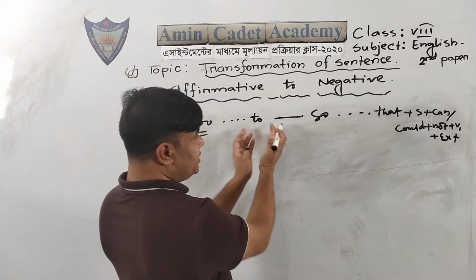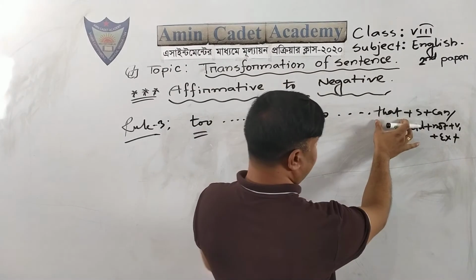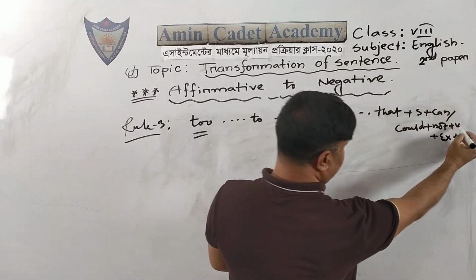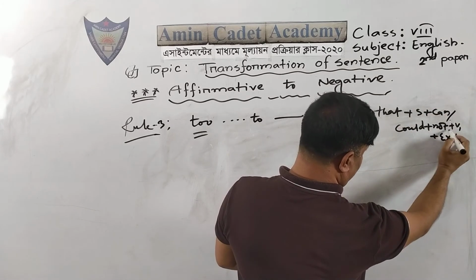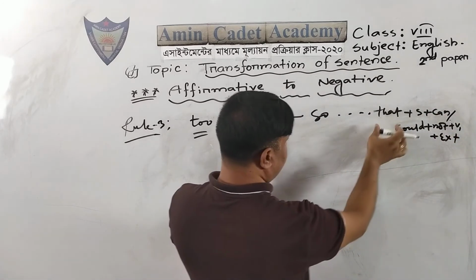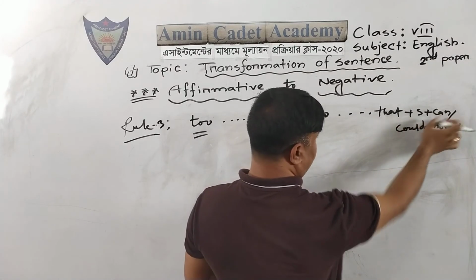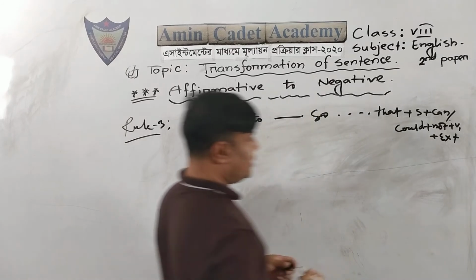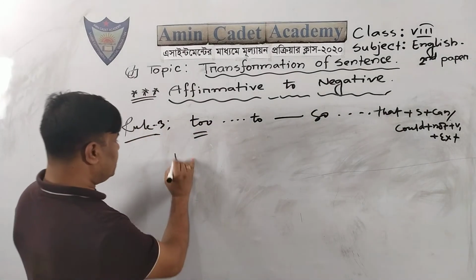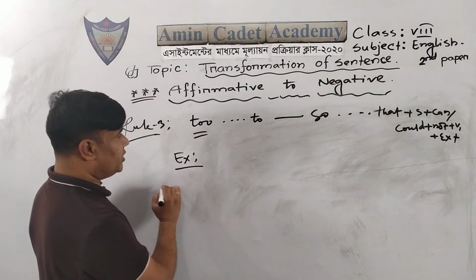Here instead of to you should write that, plus subject, can or could, plus not. Okay? Now here is an example. You follow the example, please.